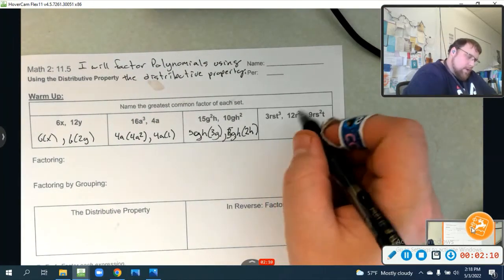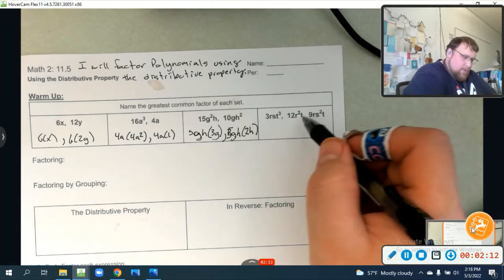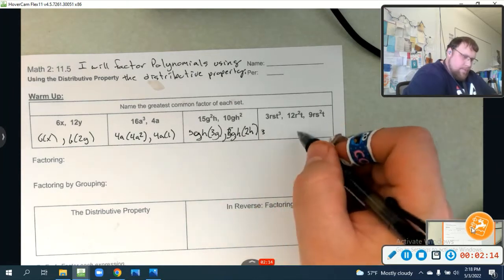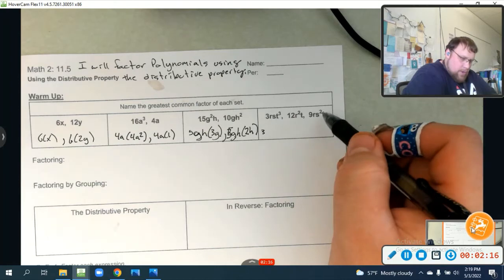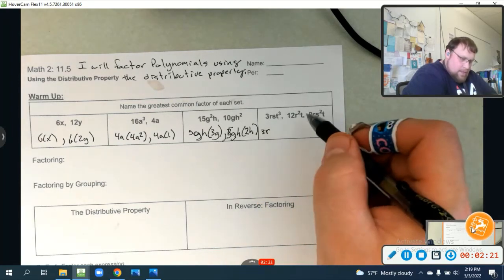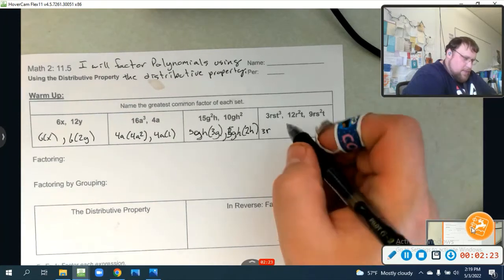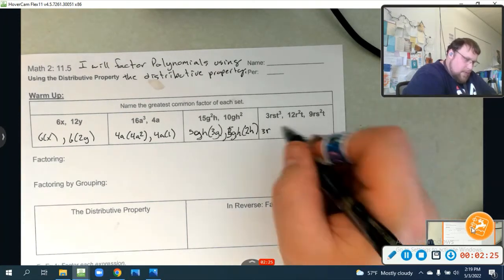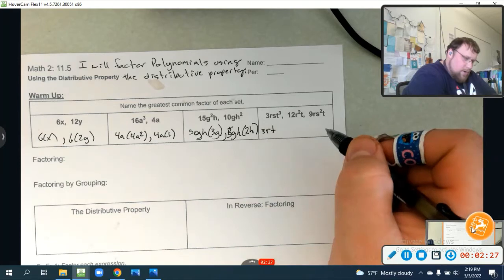Last and longest one. Between 3, 12, and 9, I can pull a 3 out. Between r squared and r, I can pull an r out. There's no s in this term, so I can't pull an s out at all. T cubed, t, and t, I can pull out a t, so 3rt.